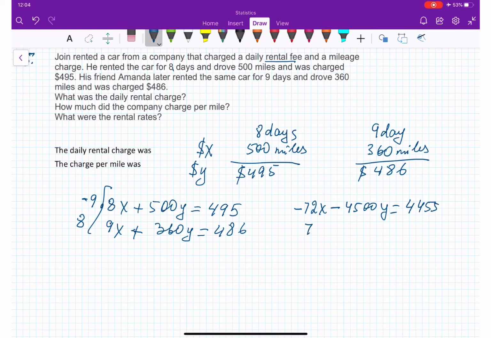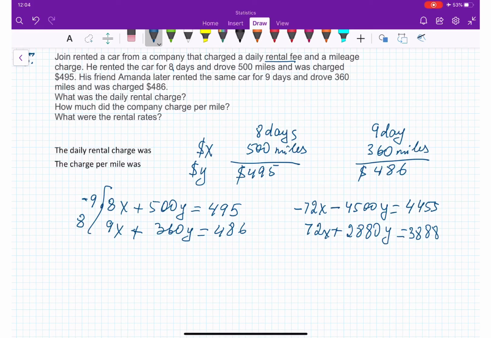Next, 72x plus 360 times 8 is going to be 2,880y, and it's equal to 486 times 8, which is 3,888.